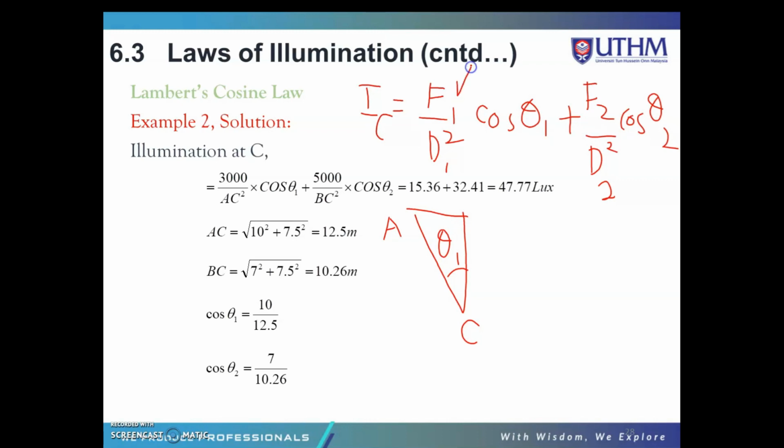We have the luminous flux for the first lamp at point A, which is 3000, but we don't have the distance from A to C, and also cos theta 1. That is why we have to analyze the triangle for the first lamp, from point A to C, with theta 1 here.